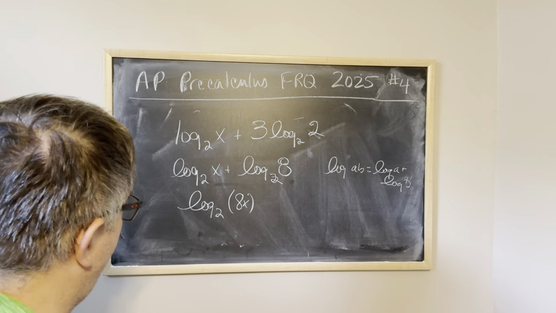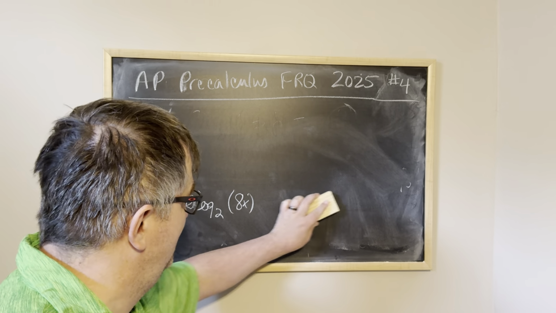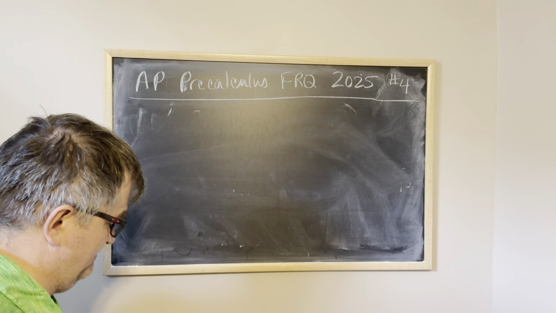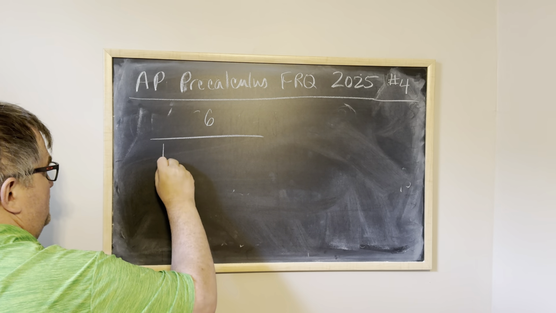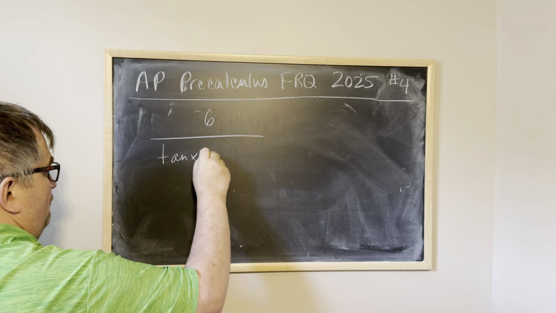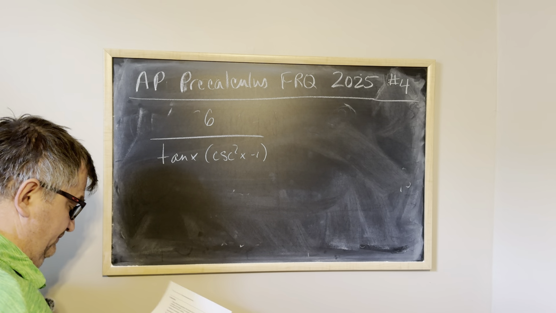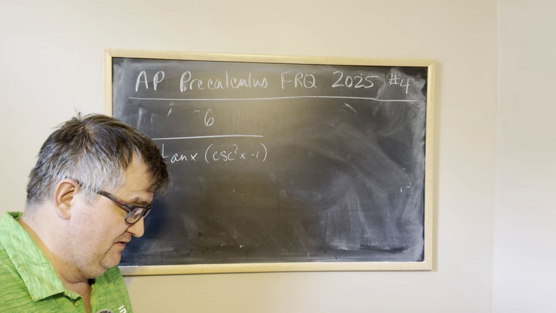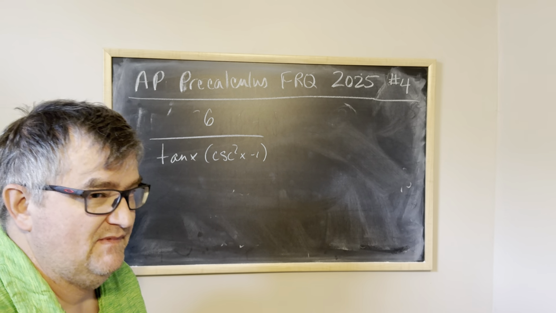Lastly, trig problem. Let's do some trig. I like trig identities. I think they're great. Big fan of trig identities. So this question says, rewrite this, and has a caveat that says tangent x appears exactly once and there are no other trig functions involved.